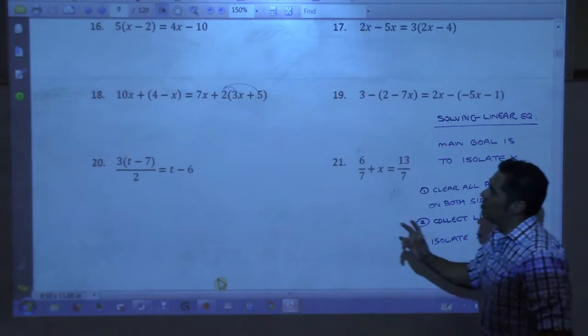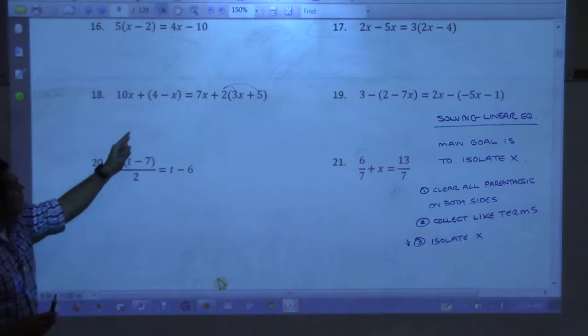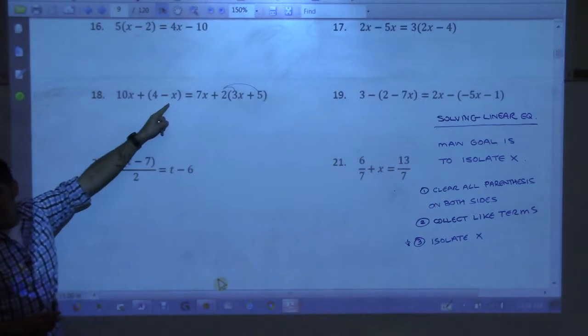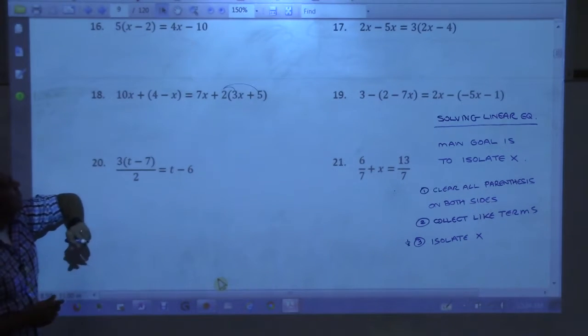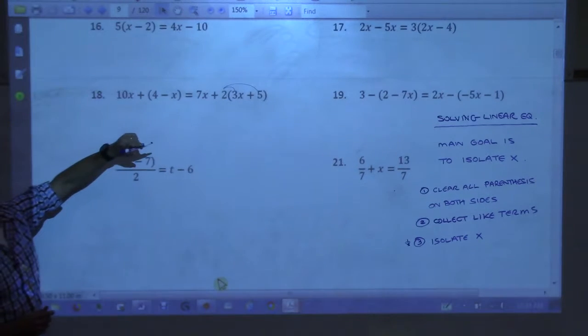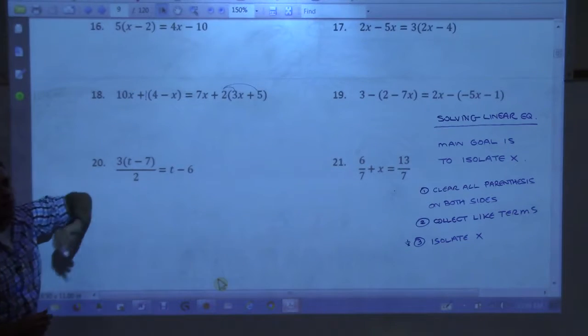Now, while we're doing this, on the left-hand side of the problem, Hayden, what about this? I distribute the 1? What 1? Yes, good. So this is a hidden 1. It's actually a 1 right there, right?